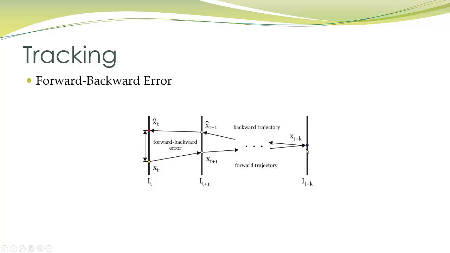At this point, you do a backtracking from x_t+k backwards to x_t+1 hat and to x_t hat. You calculate the distance between these two results. If this distance is larger than a certain threshold, we determine that this tracker has failed. If this distance is close enough, we can assert that this level has passed.